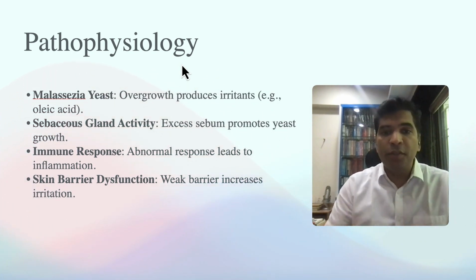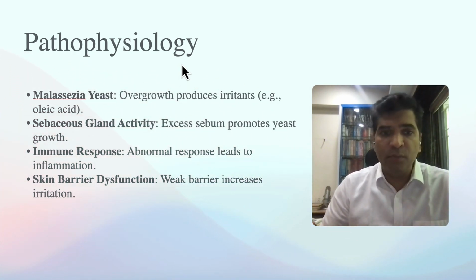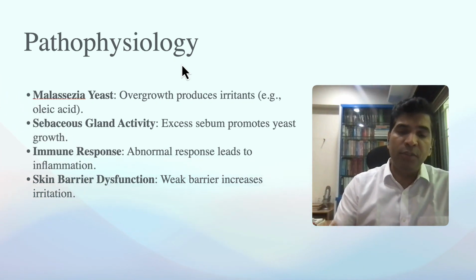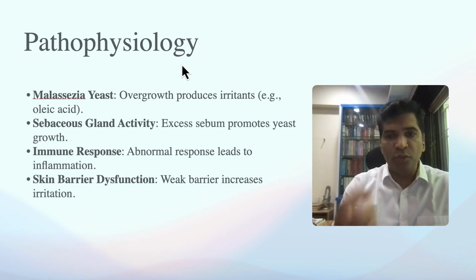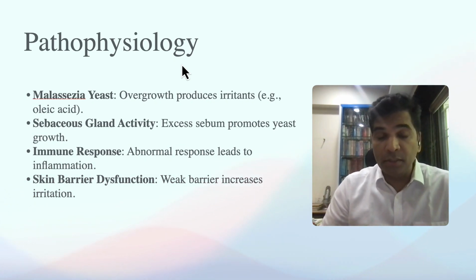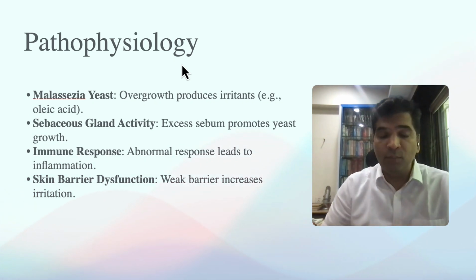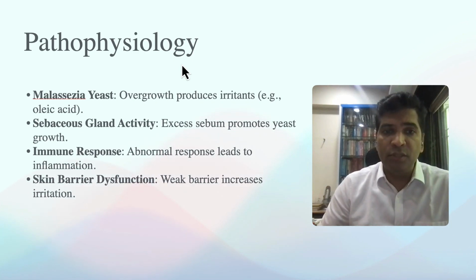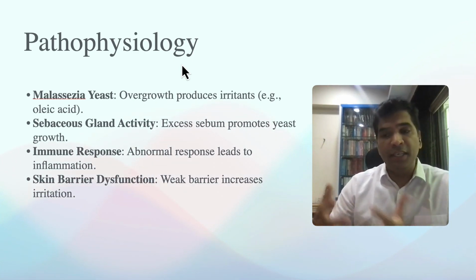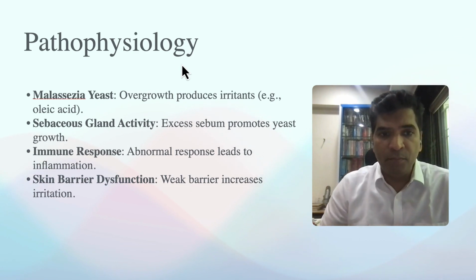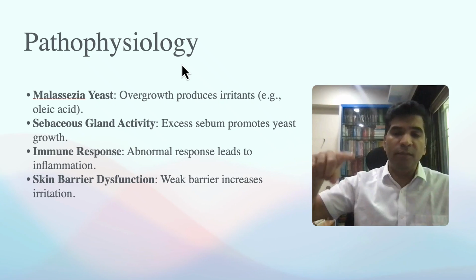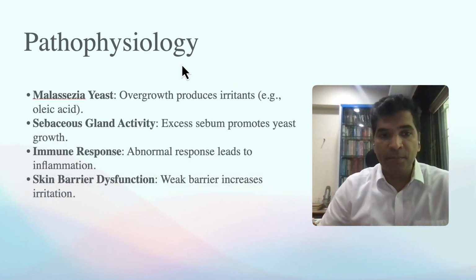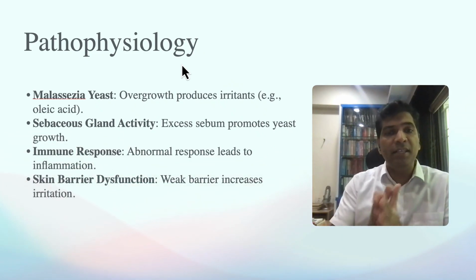Then there is immune response. Abnormal response leads to inflammation. It can be due to an allergic reaction to a shampoo or a soap, or sometimes overuse of oil. Then it encourages the production of yeast, which leads to a higher immune response, leading to a cycle of seborrheic dermatitis. And then there is skin barrier dysfunction.